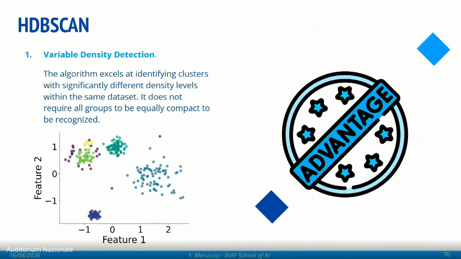So the advantages are that we can detect different clusters with variable density, as in this case, and we also have the identification of noise between the clusters.